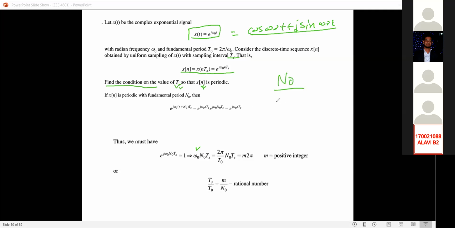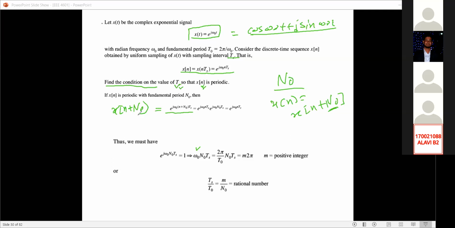That means x[n] would be equal to x[n plus N0], so the fundamental period of your signal will be N0. After N0 samples, it will be repeated. So consider this equation: e to the power j omega 0 t, with n replaced by n plus N0.